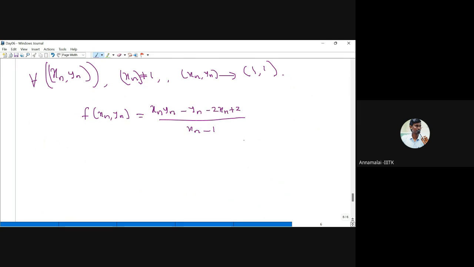Now, I think we are not able to use the algebra of limits here, because the denominator, we know that xn converges to 1. What happened? xn minus 1 converges to 0. Suppose you want to apply the algebra of limits, the denominator should be non-zero, but here the denominator is 0. Therefore, I think the limit does not exist.